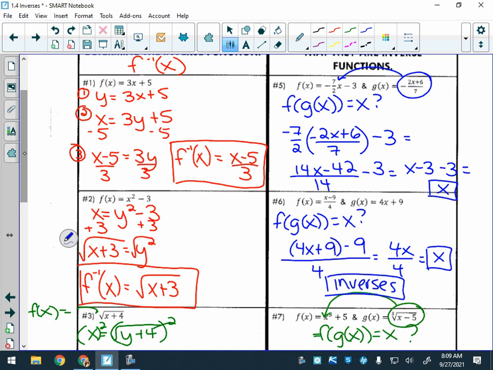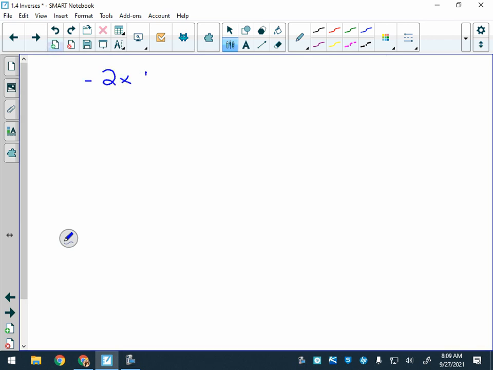But the whole fraction is negative. I want you guys to think. Anytime you're writing, so if I have negative 2x plus 6 over 7, this is the same thing as 6 sevenths.